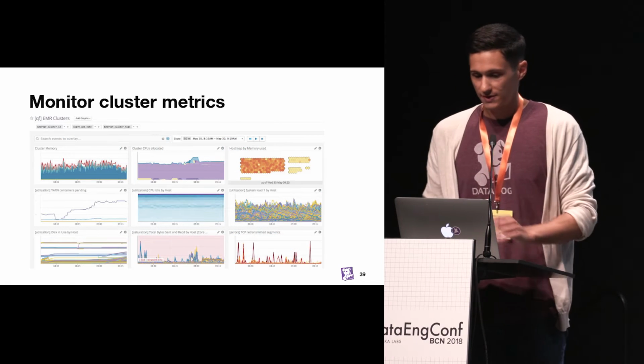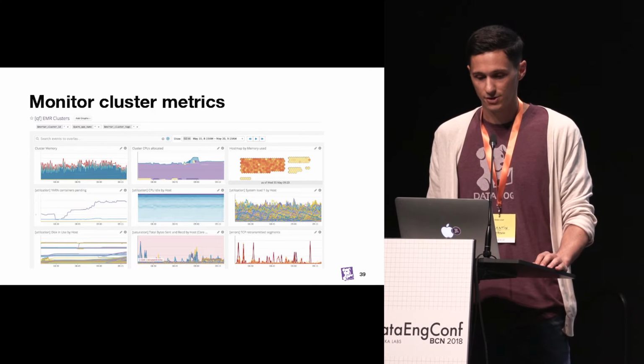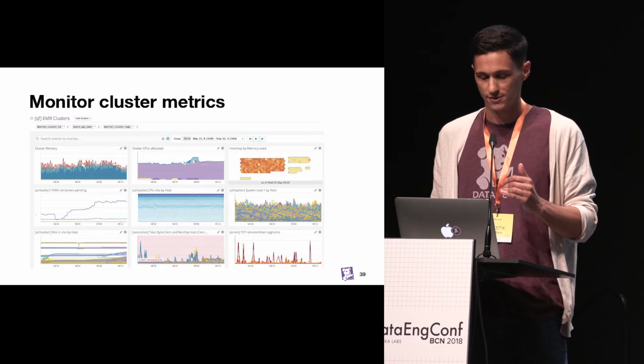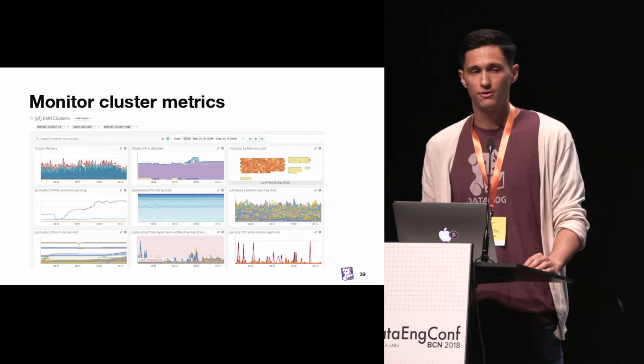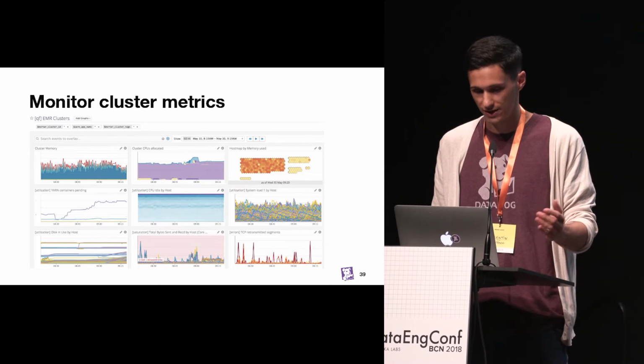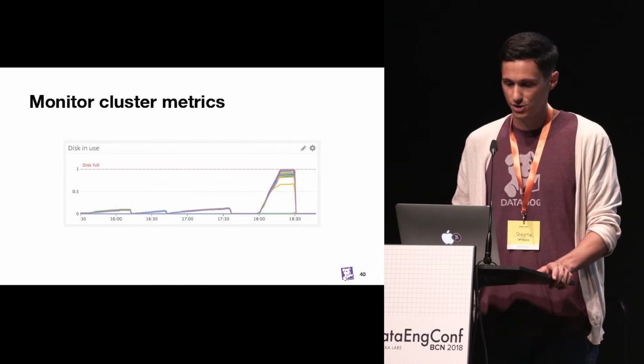So we look at different types of metrics. The first type is obviously cluster and system metrics. We have dashboards with all the system metrics that we care about, but there are a few metrics that we care about more because they cause common failures in our jobs. The first one is obviously disk usage.